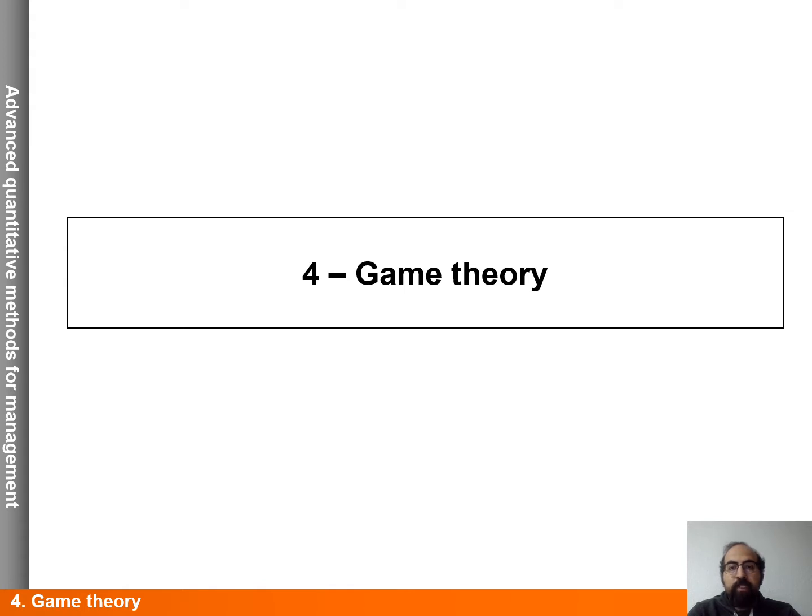Game theory, as the name says, is a game between two or more different sides of a war, of a politic, of a competition, and the strategies that they select about those decisions.